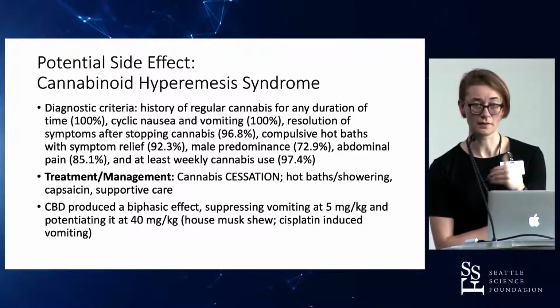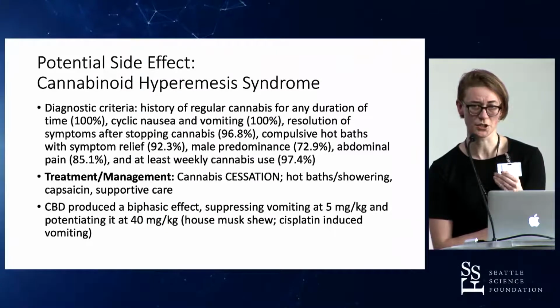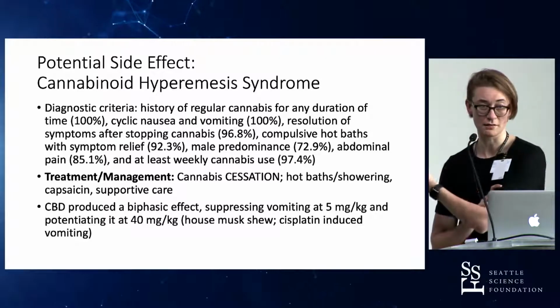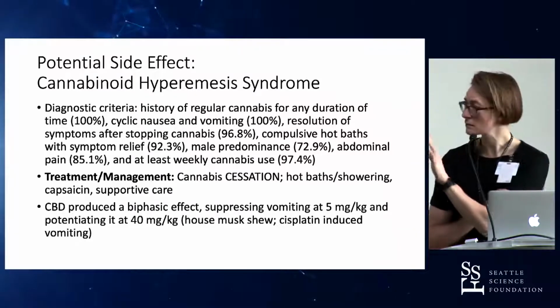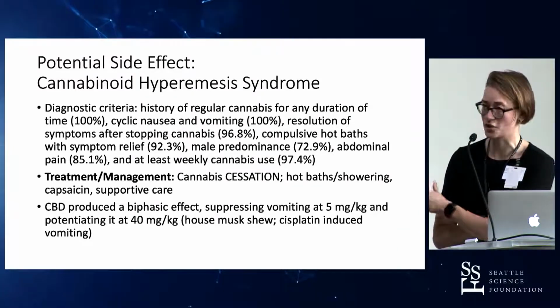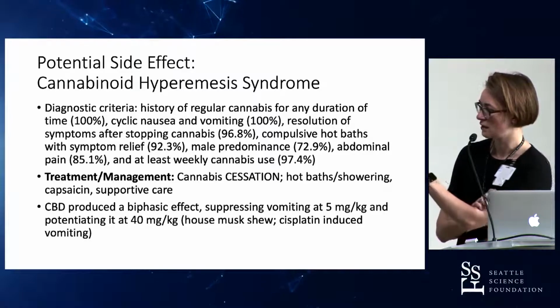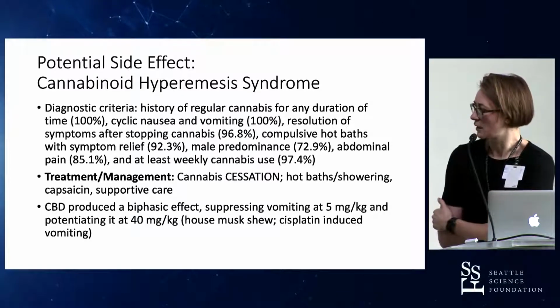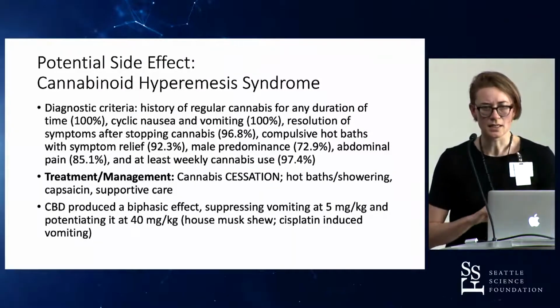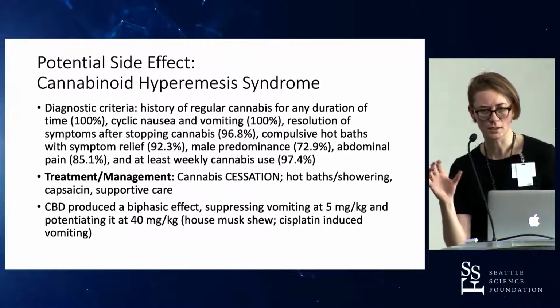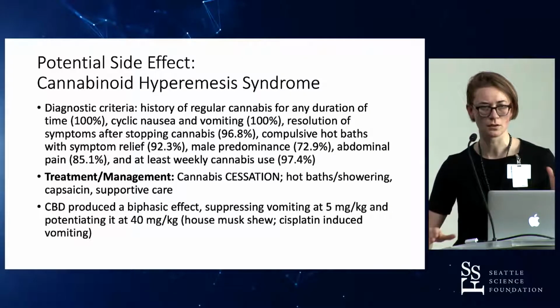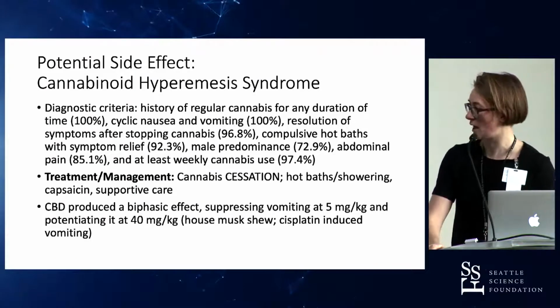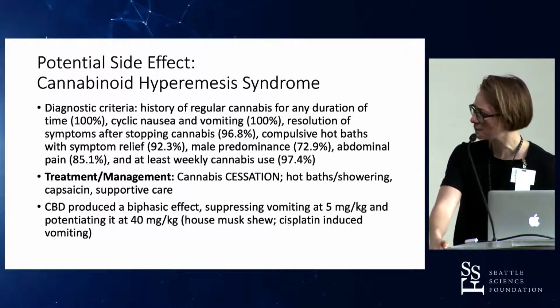A lot of times they'll report to the emergency departments complaining of this, and the only thing that relieves it is to take a hot shower. And I did find a study where CBD has a biphasic effect, so at a certain level it can reduce nausea, but at a higher level it can actually precipitate it.